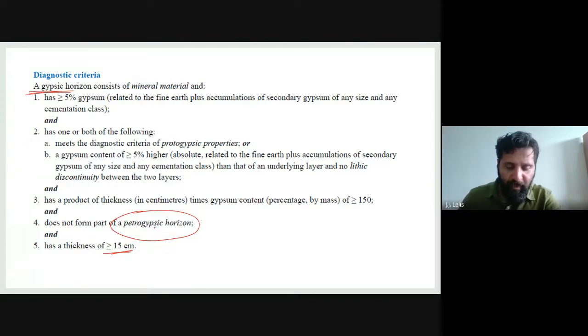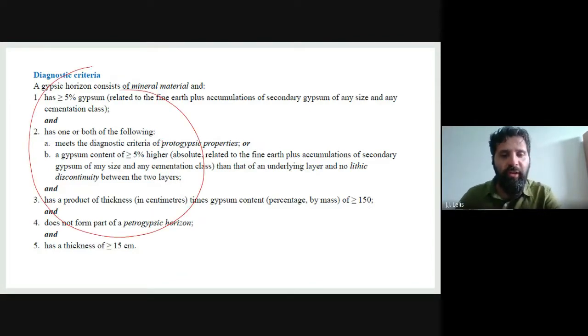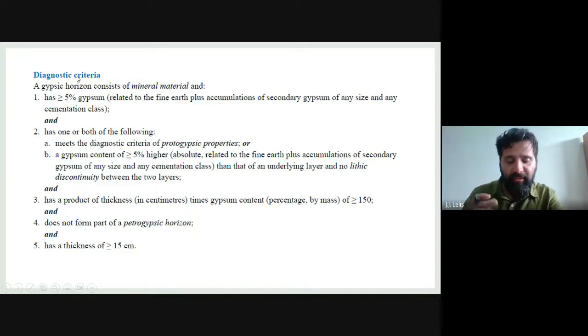Okay, so these are all the diagnostic properties, the diagnostic criteria that we should follow to identify a gypsic horizon. A horizon that's essentially formed in arid and semi-arid regions.